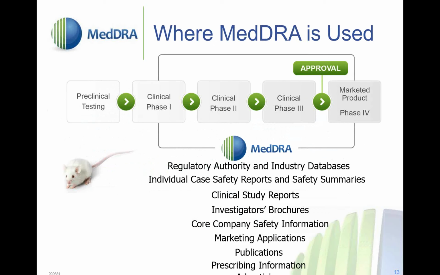Examples on the screen are the ICSRs, the investigator brochures, the marketing applications, publications, even advertising. For countries like the US, where direct-to-consumer advertising is allowed, those terms that you hear during the commercial, like this drug can cause this many side effects, are all MedDRA terminologies.